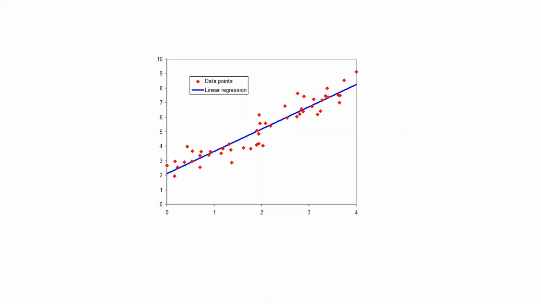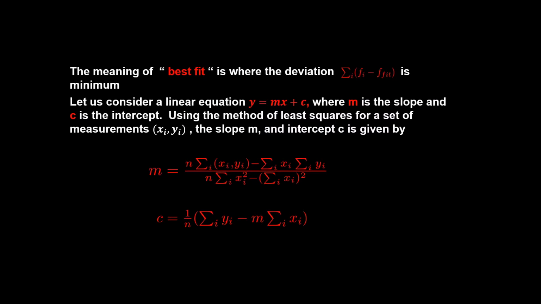The red square symbols are the experimental data and the blue is the linear fit. The meaning of best fit is that the difference between your experimental data y and the fitted function f is a minimum. The method of least squares has been discussed extensively, and you can find much literature in this context.